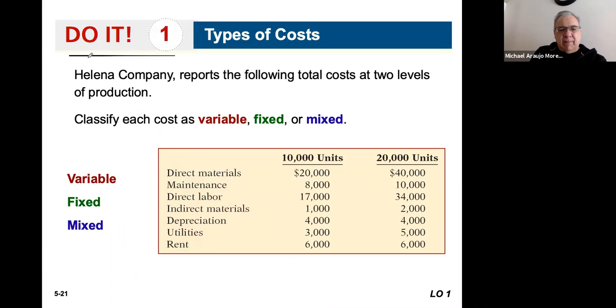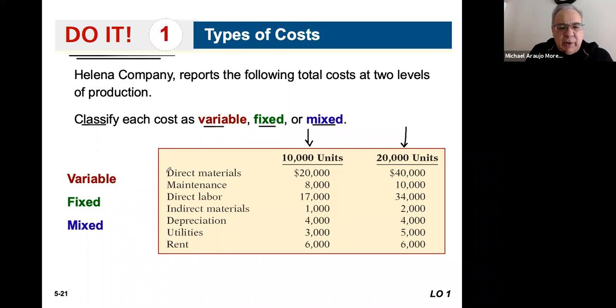And your objective ends with really understanding what these costs are. These are the total costs for Helena company at 10,000 units and 20,000 units. Your job is to see if you can identify which of these costs are variable, which are fixed, and which are mixed, okay?